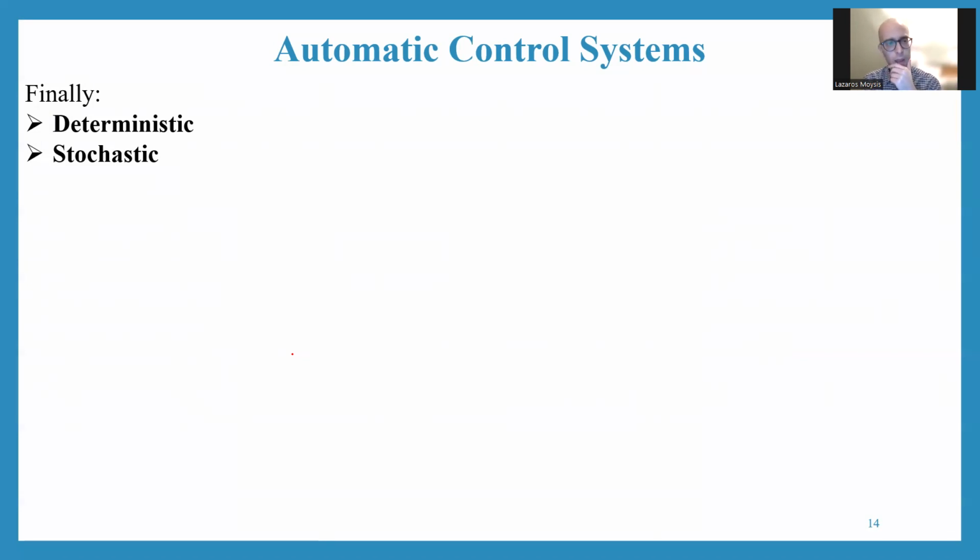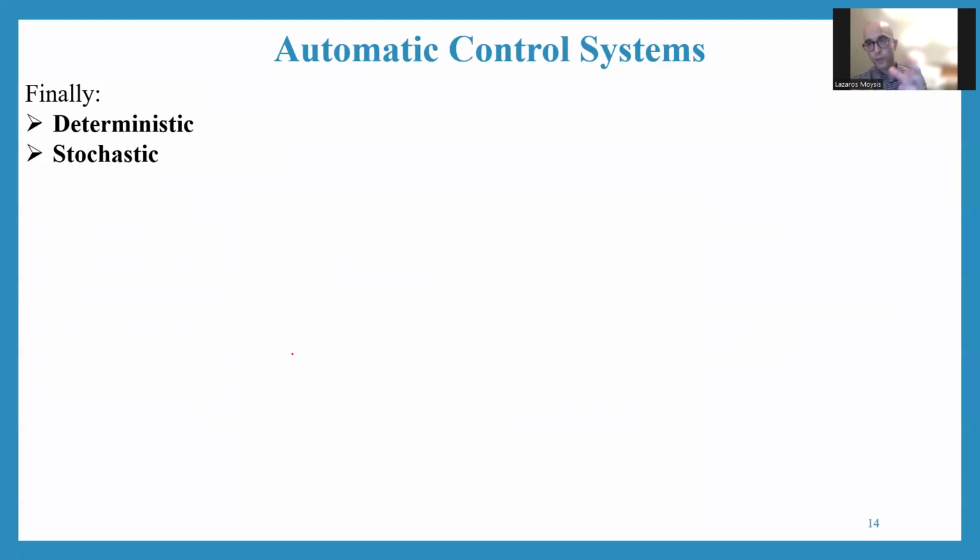Finally, the only thing I have to mention is that we distinguish systems into deterministic systems, which are the most common, and stochastic systems. Stochastic systems mean that we either have some sort of input to the system that is described by a stochastic variable, or maybe some sort of parameter inside the system. We don't know its value, but it's time varying, and the only thing we know is some statistical characteristics about this parameter.